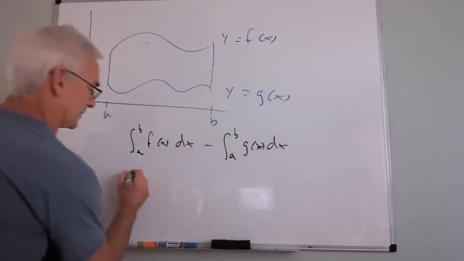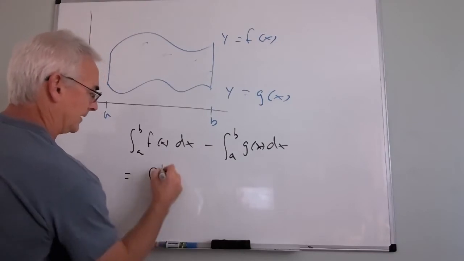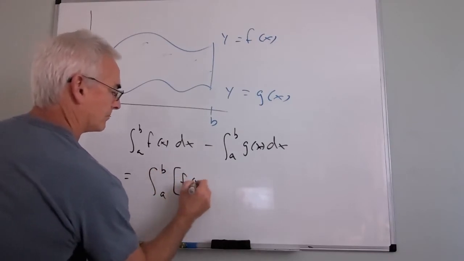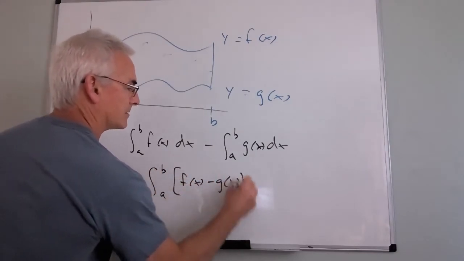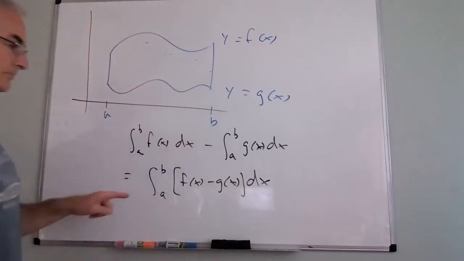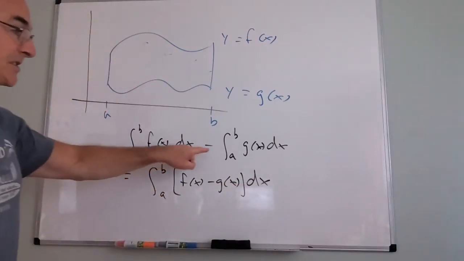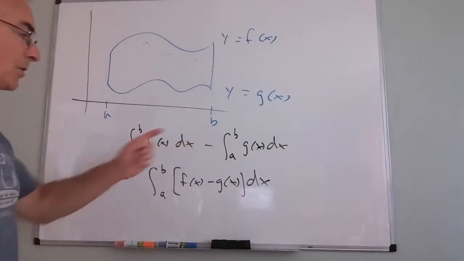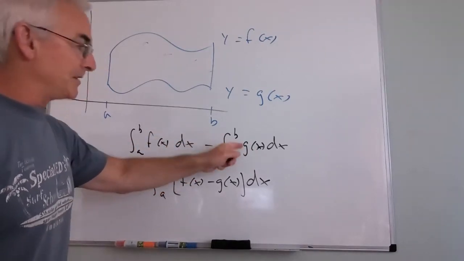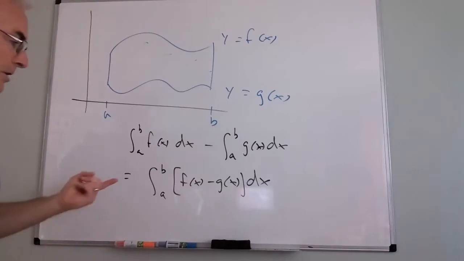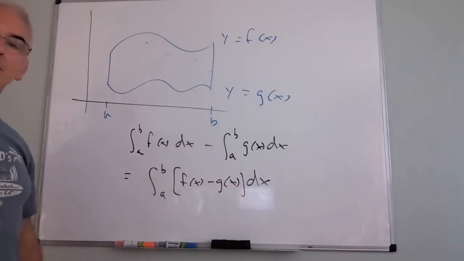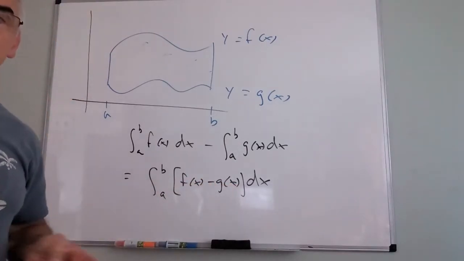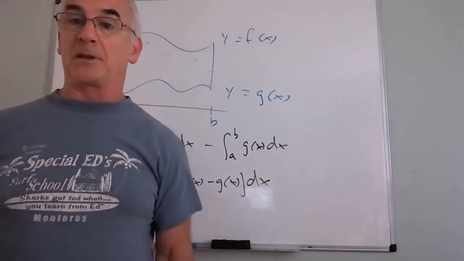So putting those concepts together, we can actually say this. Because again, think of this as -1 times. So I'm going to go plus -g, and then I'm going to add the integrals. So essentially, I can do this with one integral. And that wasn't necessarily obvious at first, but I want it to become obvious.